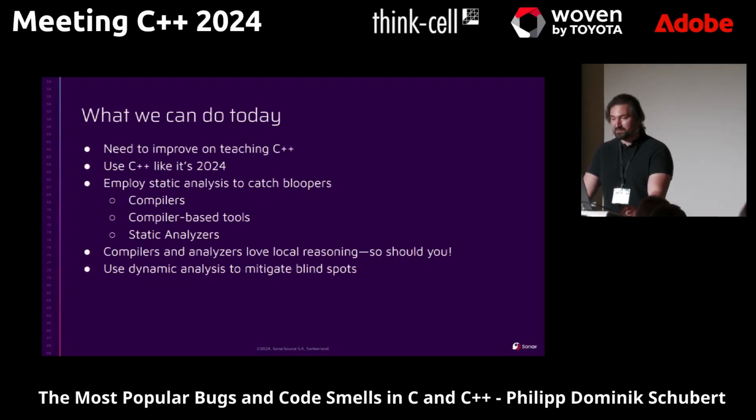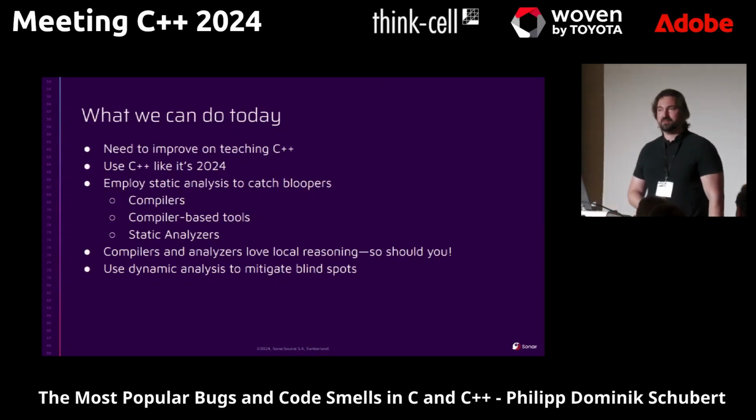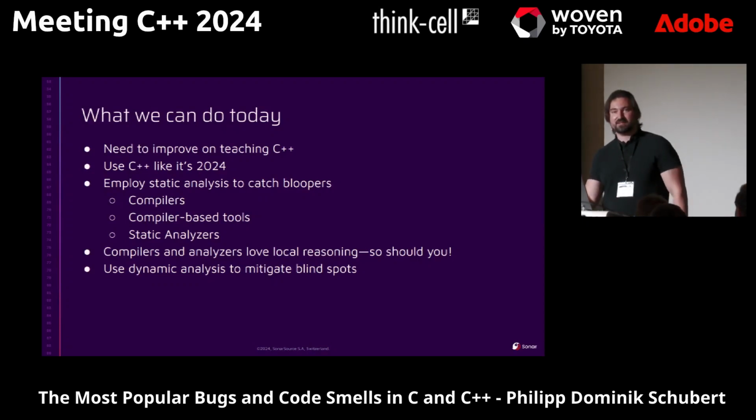Otherwise, you can throw compiler-based tools like Clang-Tidy at it, and then you have your dedicated static program analyzers. Choose your favorite one. It will find a lot of amazing stuff that you didn't even think of. Compilers and analyzers love local reasoning, so should you. Your reviewers will be thankful, and the static analyzers will have a much better time and be able to find much more.